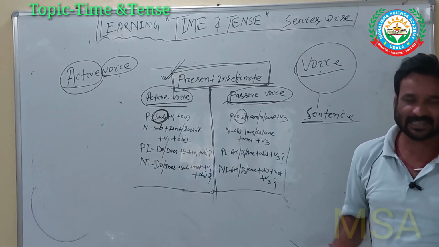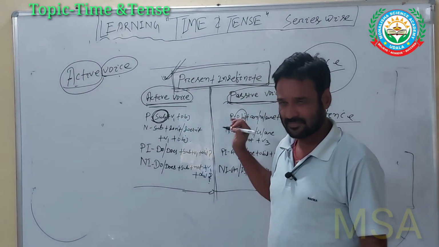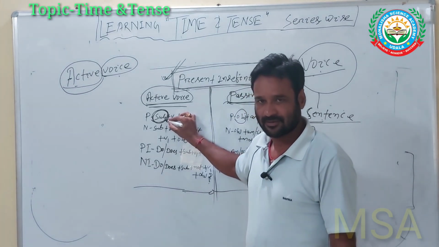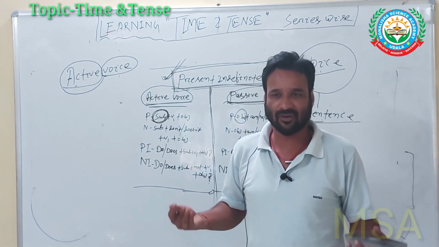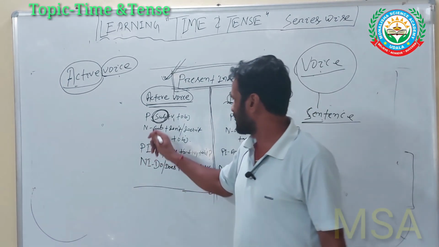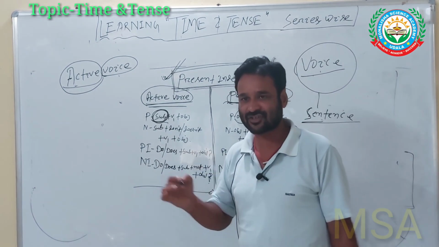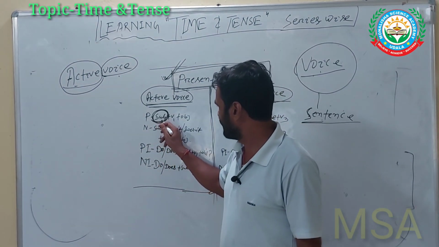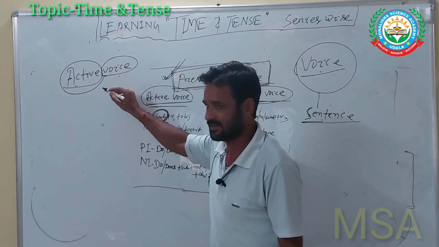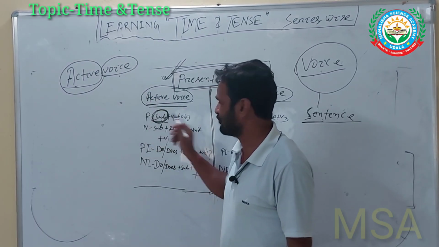An active person means a smart person. So here the doer of the action is the subject. What is a subject? I think I have told you in previous classes that the subject is the doer of an action. The person who does an action is called the subject. So here the doer of the action is smart, is active. That's why this voice is called the active voice.